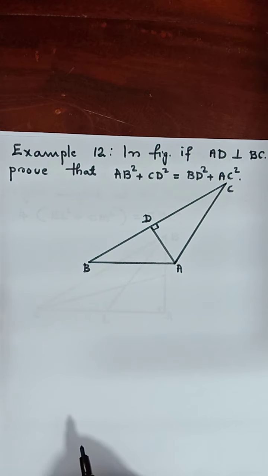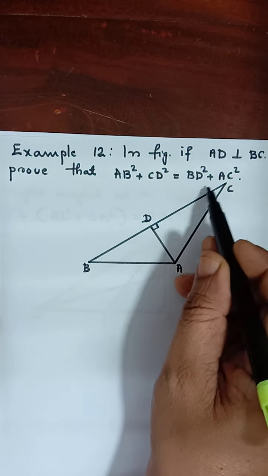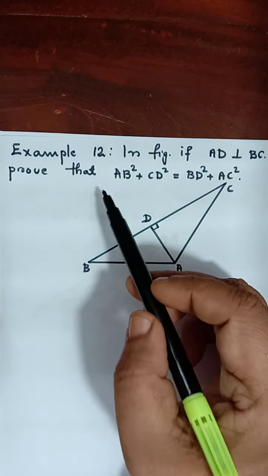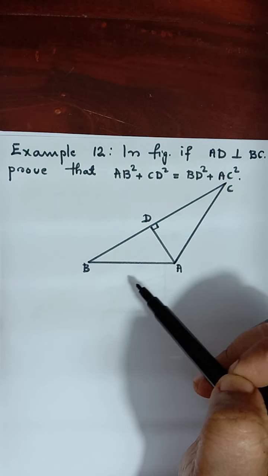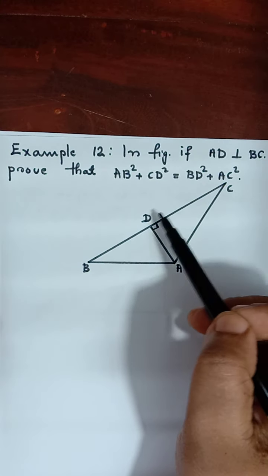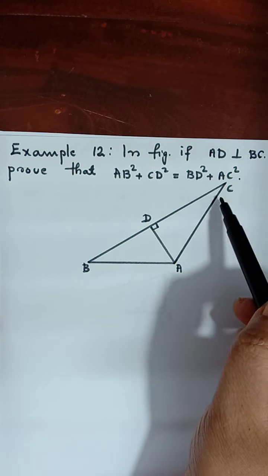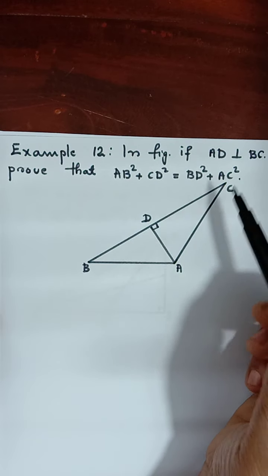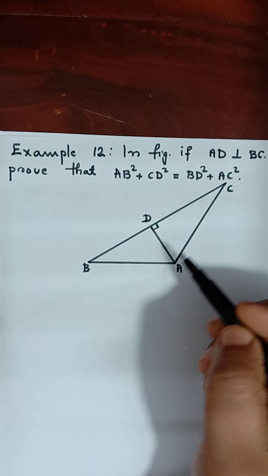Let us see example 12. In the figure, AD is shown as perpendicular to BC, we have to prove that AB square plus CD square equals BD square plus AC square. So this is also simple. Clue is given to us. AD is perpendicular. That means we have two right triangles here.